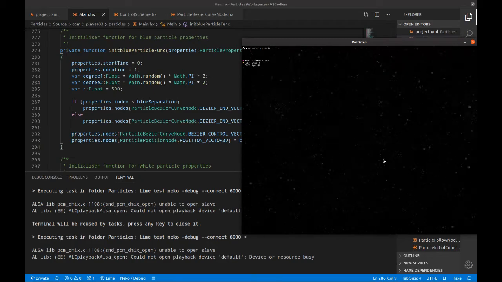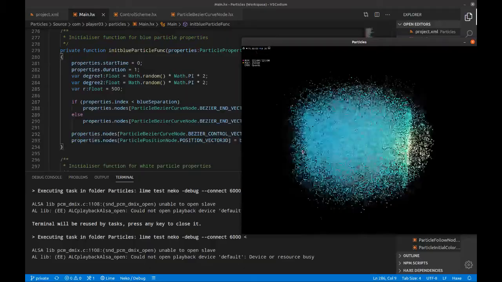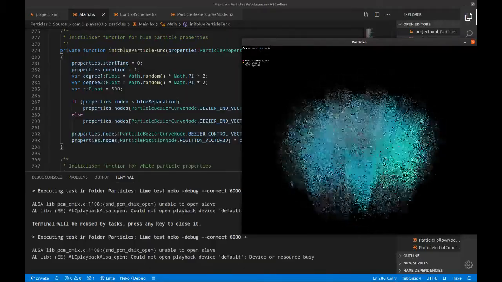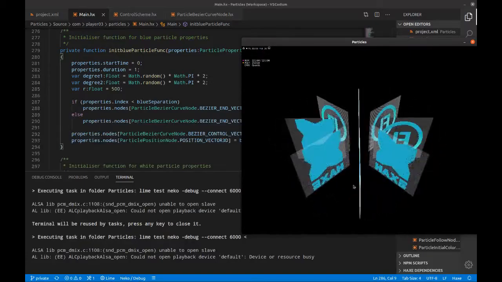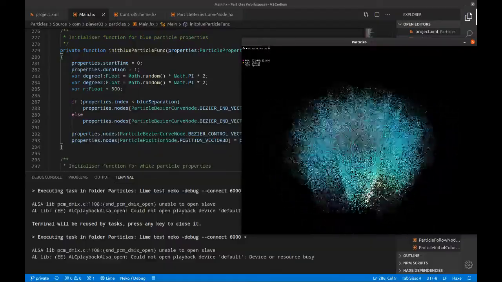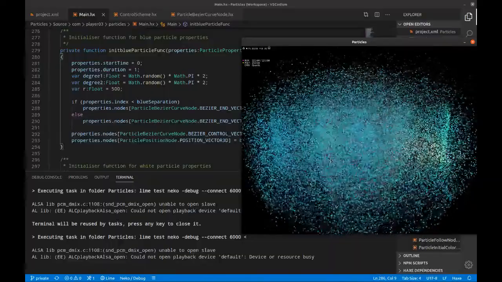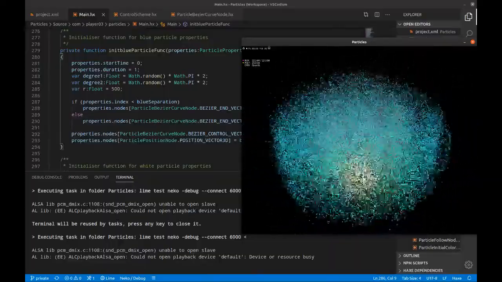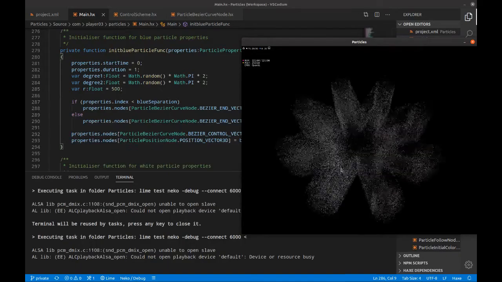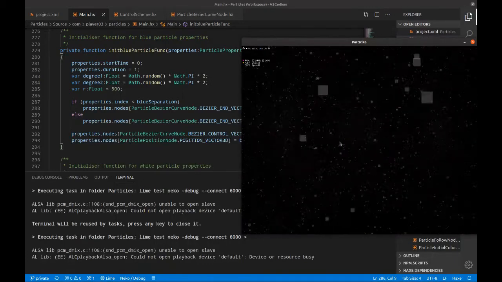Let's fast forward a bit until they show up. Yeah, they're all moving into place and then around. And each particle must have its own curve that it follows. But I am still confused about how it all works, because I could have sworn that it would be more than one curve.